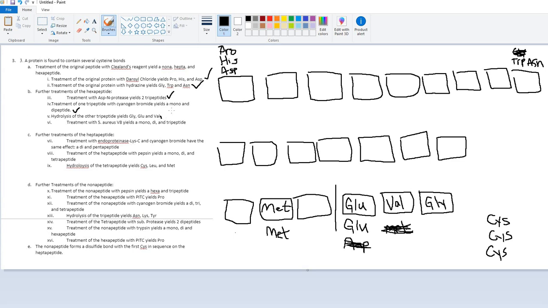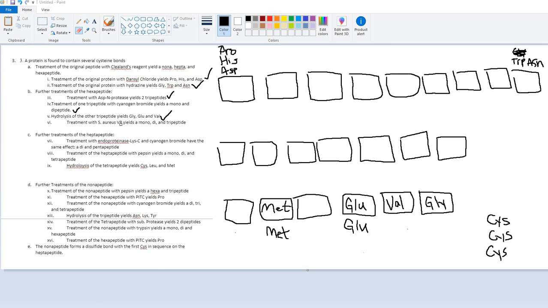Alright, so treatment with S. aureus V8 yields a mono, a di, and a tripeptide. So S. aureus V8 cleaves at the C-terminal of aspartate and glutamate. So I'm just going to clean this up a bit.